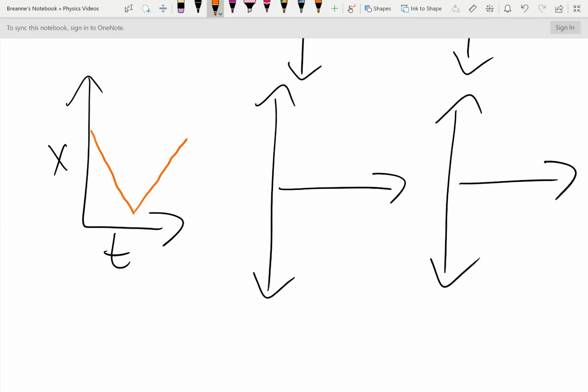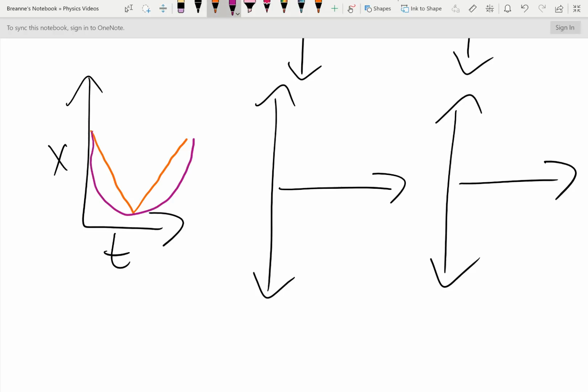So something like that. Now, it didn't say constant rate, so I just assumed constant rate. If it wasn't a constant rate, it could look something like that. So you are slowing down, and then you're speeding back up. So wherever you're going, you didn't want to, and then you sped back home.